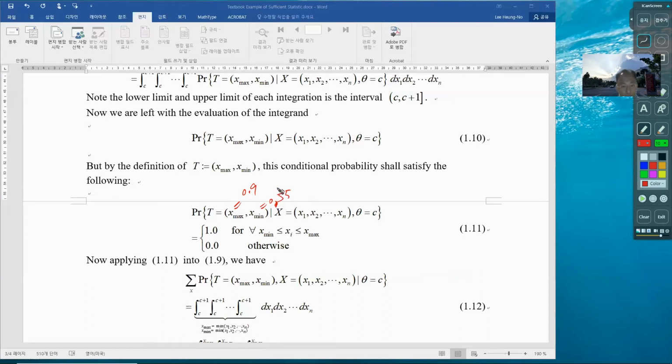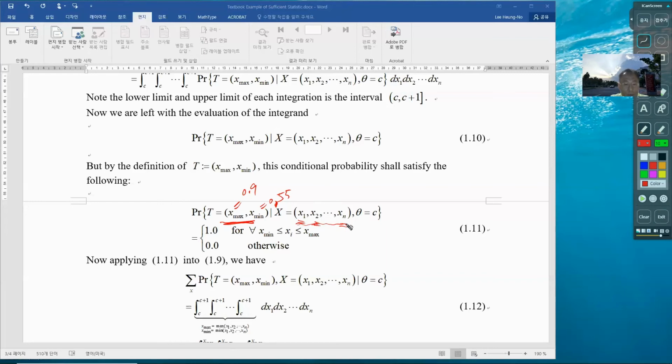Then each and every one of them, I mean, there shouldn't be a number greater than 0.9. All of them has to be smaller than 0.9, right? And at the same time, all of them has to be larger than or equal to 0.55. That way, this makes sense, right?